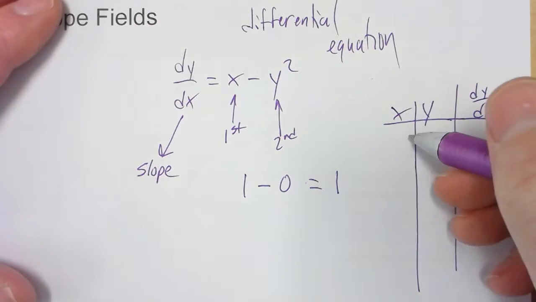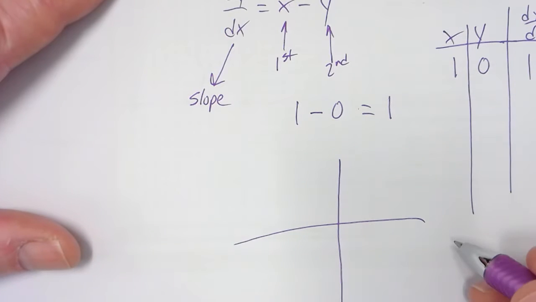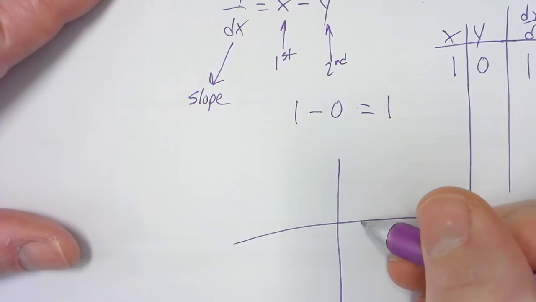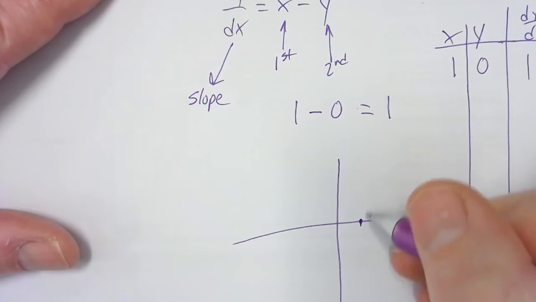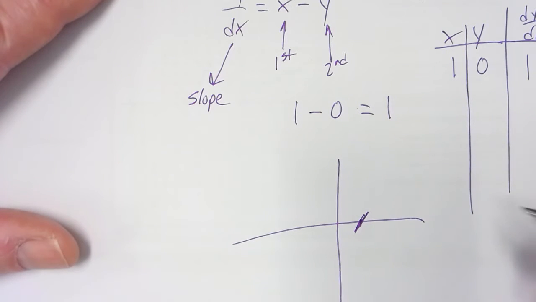So I'm putting in 1 and 0, and I'm getting back 1. So what you do is you go to the point 1, 0 on the xy axis, which would be right there. That's 1, 0, and you make a slope of 1. So you make a little baby slope.